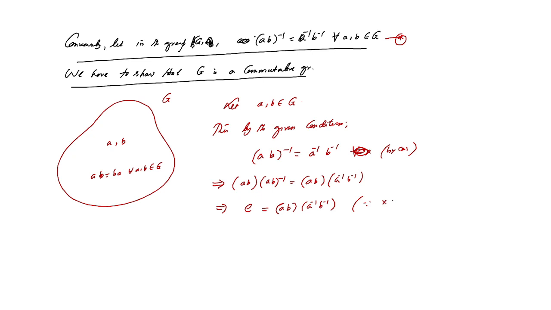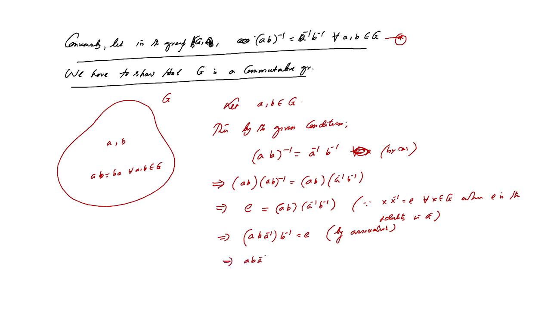Because X times X inverse equals the identity for all X belongs to G, where E is the identity in G. And from this, by associative law, AB A inverse B inverse equals E by associativity. And that implies AB A inverse equals B.